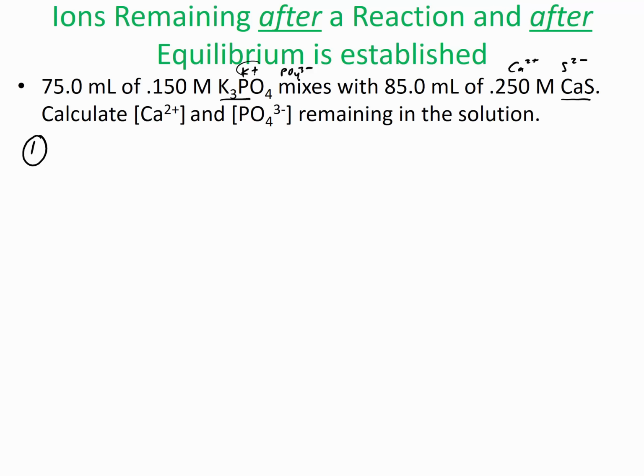So it could be K plus and sulfide, which we know will be soluble. And the other possibility is calcium and phosphate, so that should make a precipitate. That's our reaction. So the first thing we're going to do is deal with the precipitation reaction.